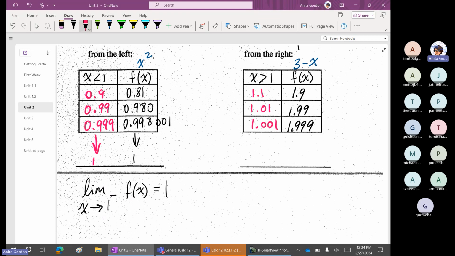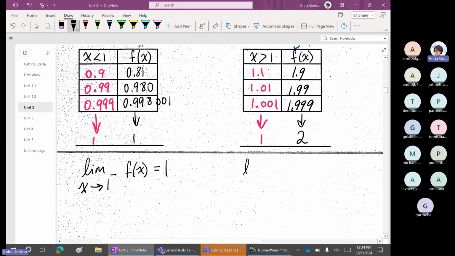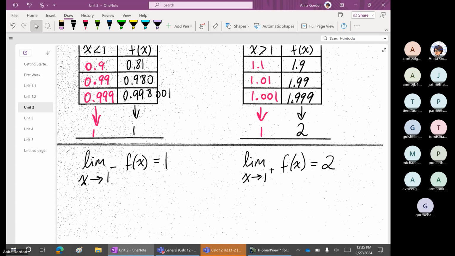So this is telling me from the right, as x approaches the number 1, my y values approach the number 2. So again, I have to make a mathematical statement here. The limit as x approaches 1 from the right, so starting with bigger numbers, of f of x approaches 2.